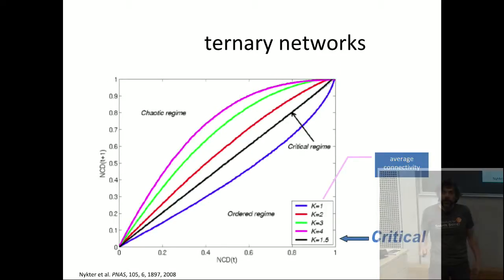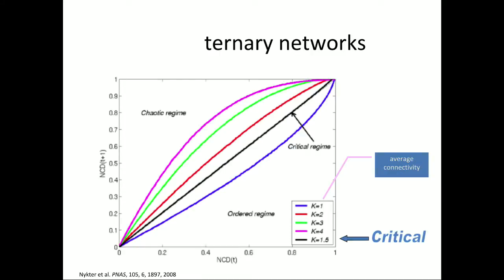Even ternary networks, okay, forget Boolean networks. Now genes have 3 values. It's not just 0 and 1, they have 3 values now. It turns out that there's also a theory that has been worked out for that, for any k-ary networks, not just ternary, but any number of levels. And it turns out that for ternary networks, the average connectivity is 1.5, which is the black curve, exactly falls on the diagonal.